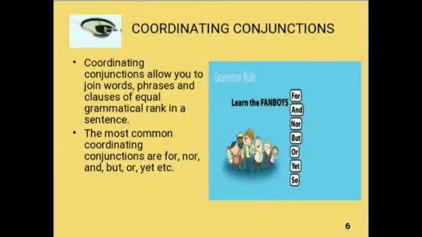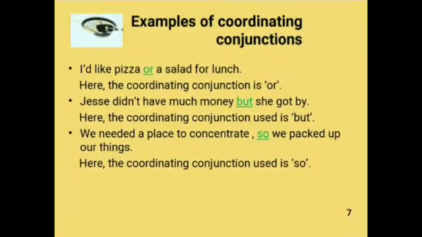Coordinating conjunctions. Coordinating conjunctions allow you to join words, phrases, and clauses of equal grammatical rank in a sentence. The most common coordinating conjunctions are for, nor, and, but, or, yet, etc. Examples of coordinating conjunctions.